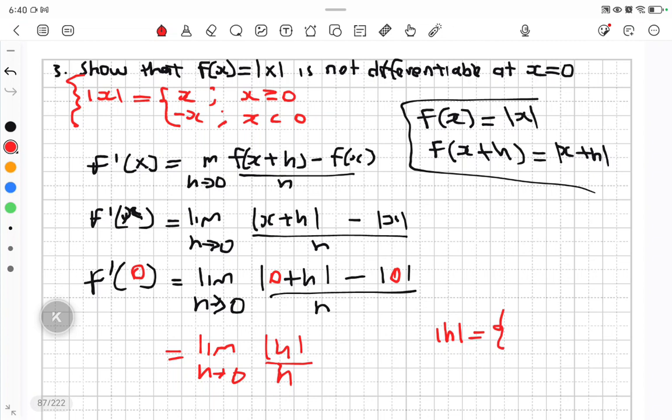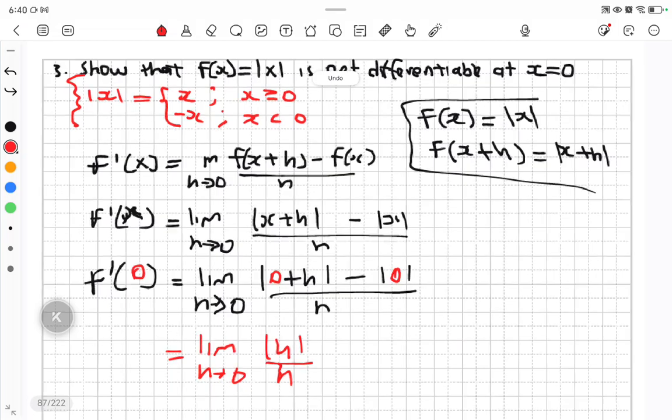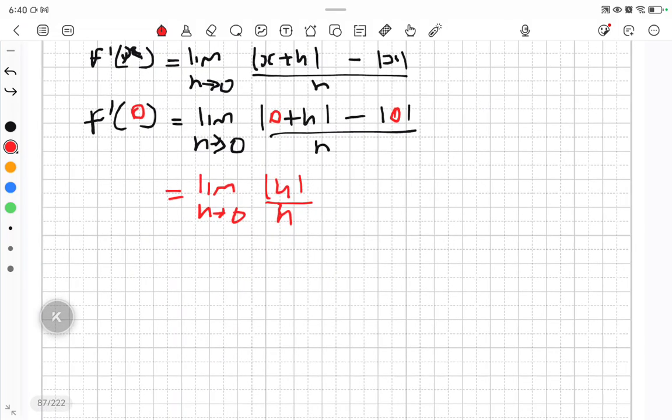You see, right? So let me write it down here. So we know the absolute value of h. So I can just come and plug the absolute value of h there. So let me do this first.